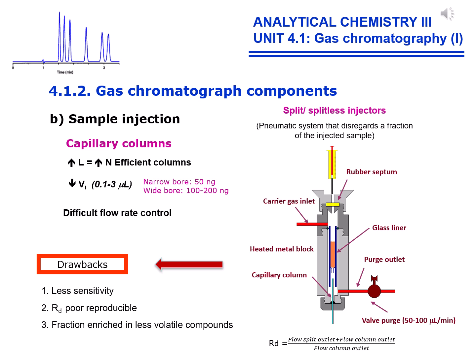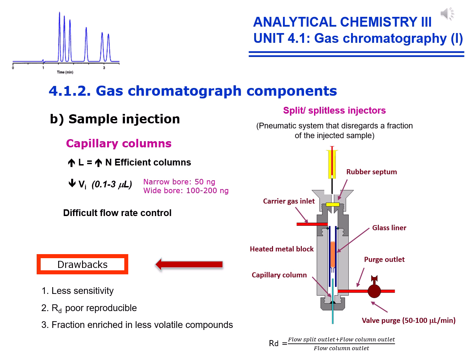Consequently, only a fraction between 1 and 10% of the sample volume is addressed to the column, depending on the diameter of the capillary column used for the separation. Such a sample fraction in jet can be expressed by the ratio of those two flows, as expressed in the equation of the slide.